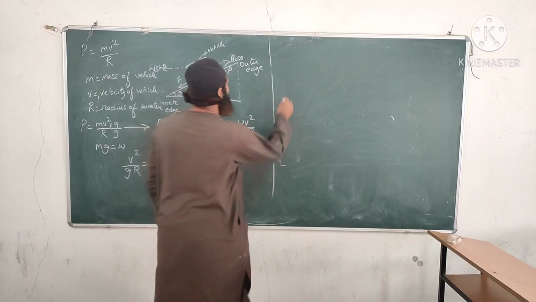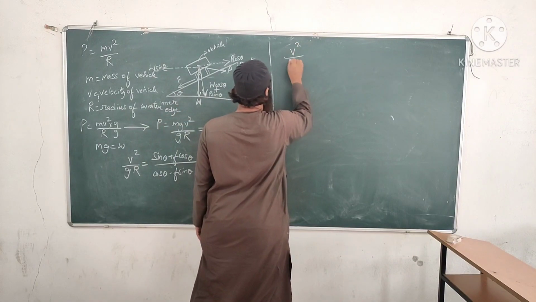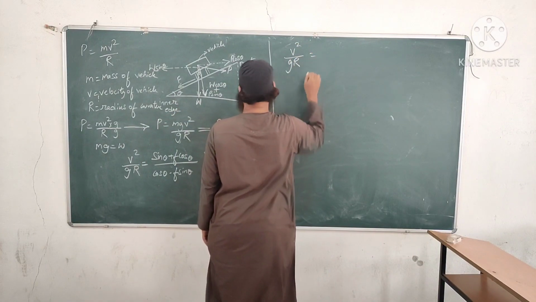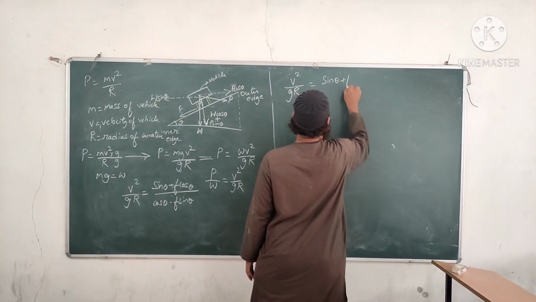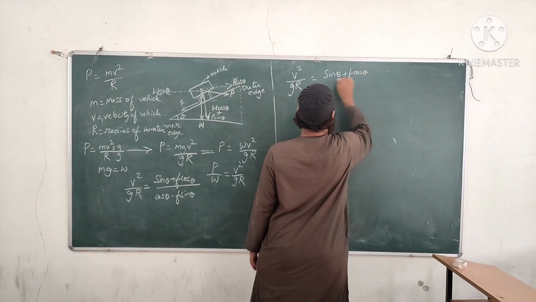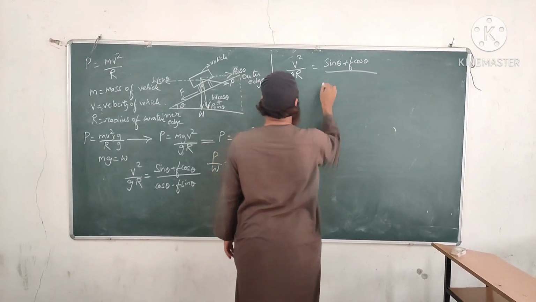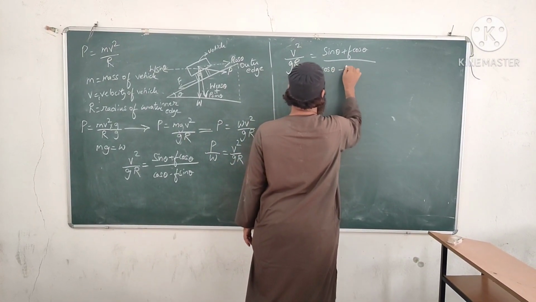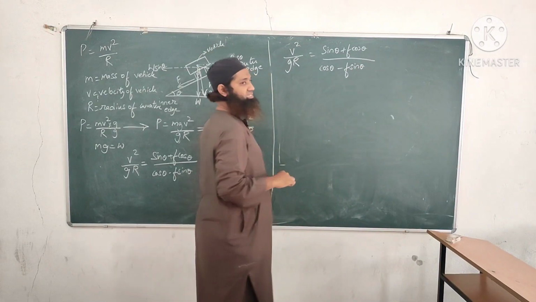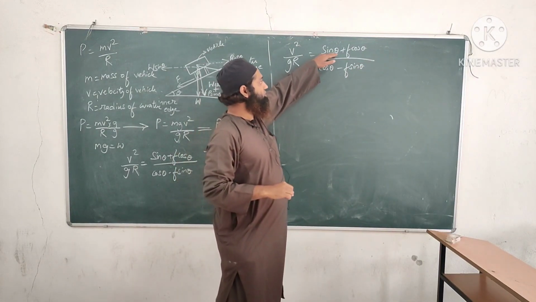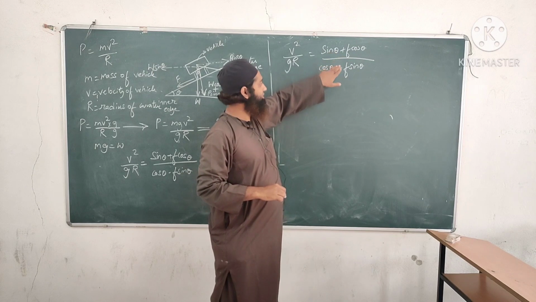See, v square by gr is equal to sin theta plus F cos theta by cos theta minus F sin theta. I'll divide this whole equation by cos theta, this part and this part also.